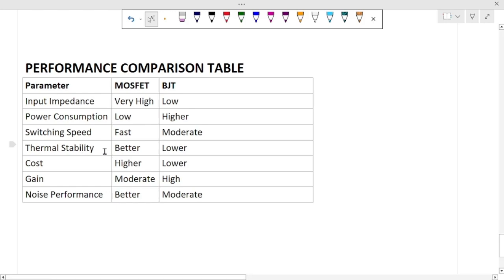Then for cost, BJT is not expensive compared to MOSFET. MOSFET is more expensive. Then for gain, MOSFET has moderate gain, BJT has what? Higher gain. Then for noise performance, MOSFET is better, and BJT is just moderate.